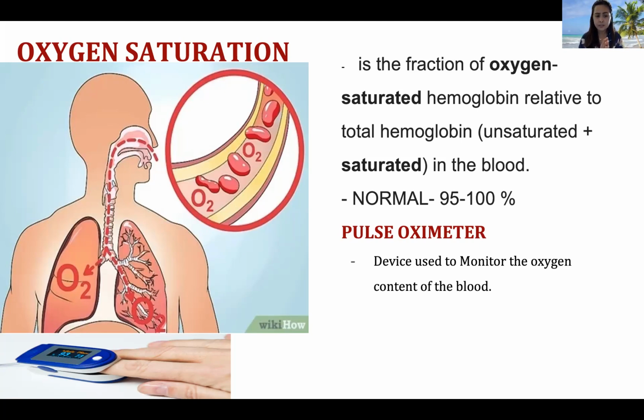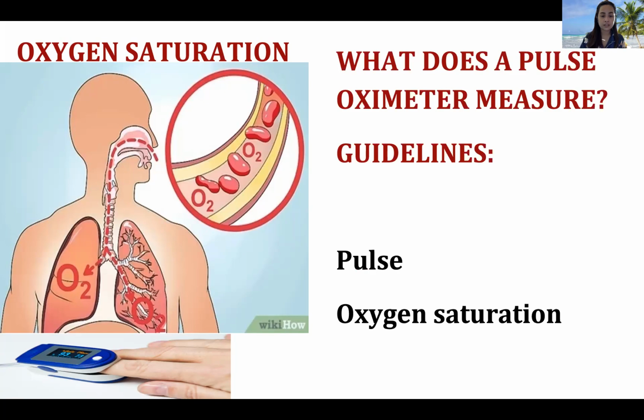The pulse oximeter is very important for us nurses, or for us nursing assistants, because we can use it not only for our patients but for ourselves. If we have difficulty breathing, we can check our oxygen saturation through a pulse oximeter. It will greatly help all of us.